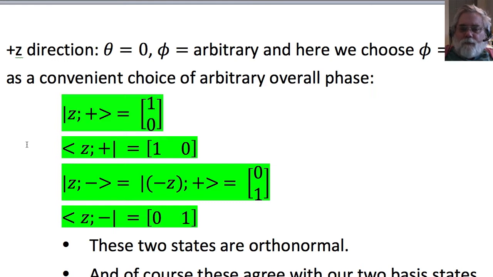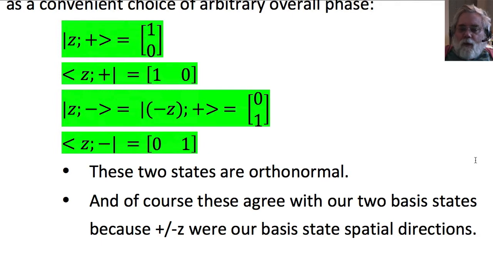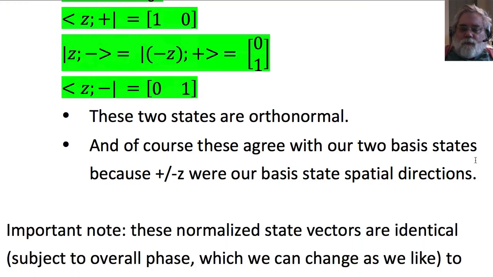Bra z plus is the row vector 1, 0. Ket z minus, with the choice of phi equals pi, we get the column vector 0, 1 and the bra row vector 0, 1. Those two states are orthonormal and agree with our basis states, because plus and minus z were our basis state spatial directions.